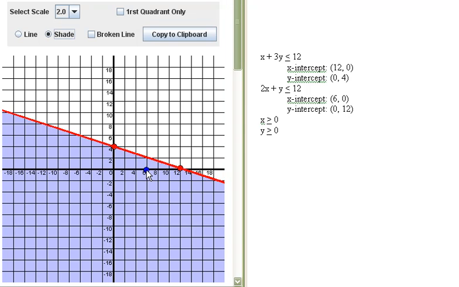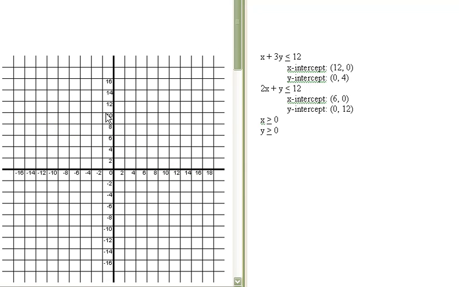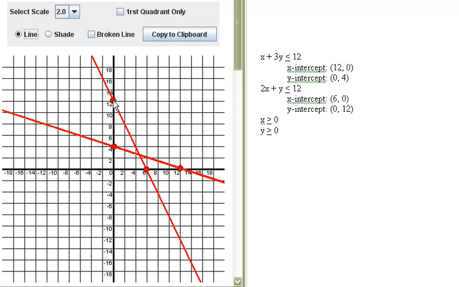Yep, I'm still on shading mode. 0, 12 is right here. And then we know that for this one we'd shade it also down towards 0, 0. So if you wanted just that inequality, it would be shaded like this.